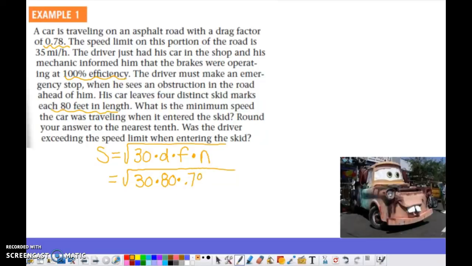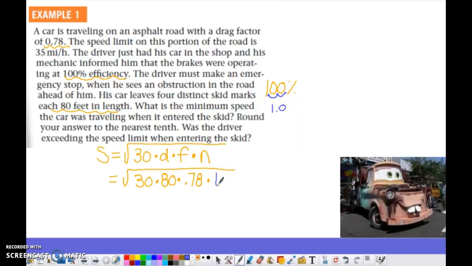Again, remember, the higher the drag factor, the easier it is to stop. And then times N, which is my brake efficiency. It is at 100%, right? And we want to convert it to a decimal, so we have to move the decimal place over 2 spots. So it looks like it would be 1.0 or just 1.